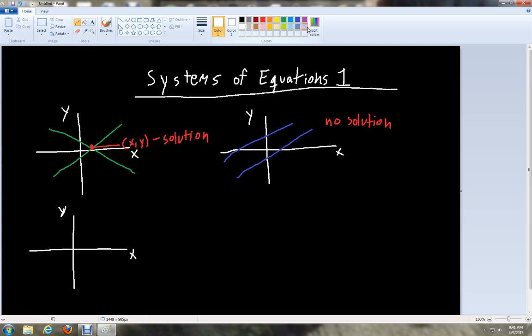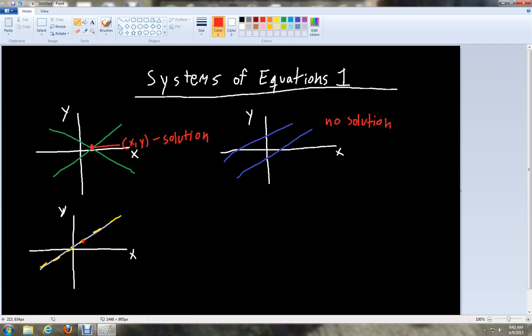Let's say I draw a line here, and then another line is drawn that coincides with it, basically tracing over the original line. How many solutions do you think this system would have? Well, it has at least one solution because there's some point where both lines meet.